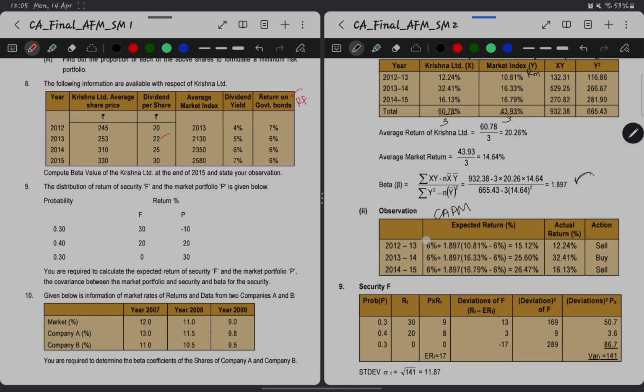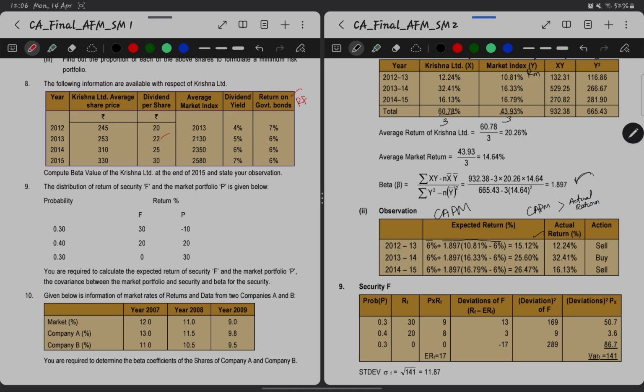So the risk-free return along with the risk premium for 12-13 is 15.12%, and the actual return is 12.24%. As we have previously seen in our videos, 15.12%, which is the CAPM return, is more than the actual return.